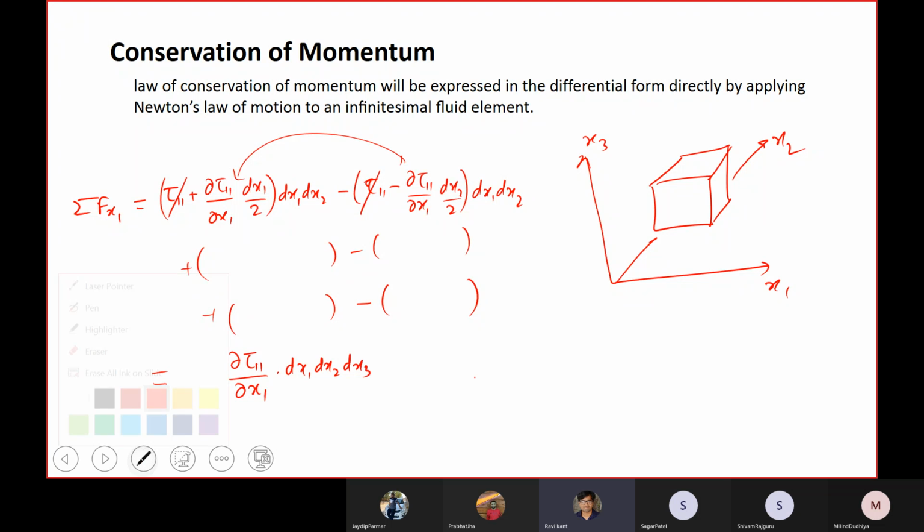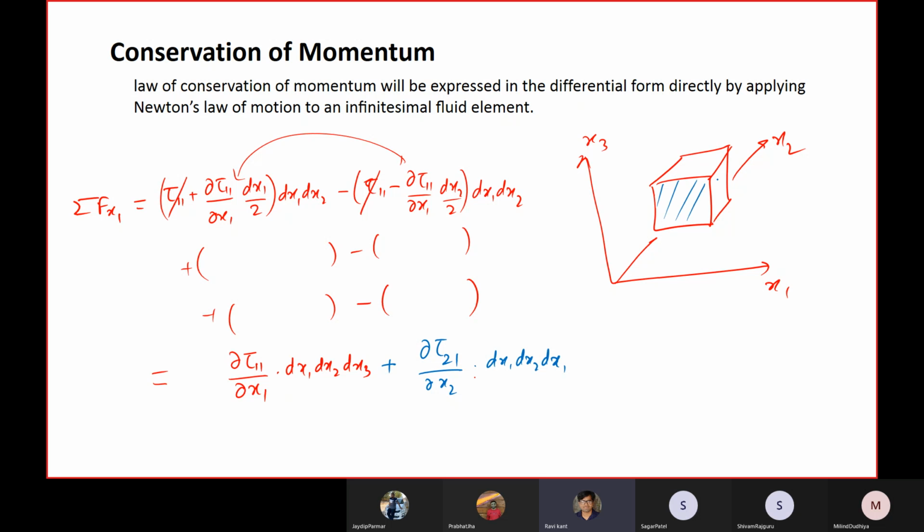Okay, first term. The second term will be ∂tau 21/∂x2 times dx1 dx2 dx3.